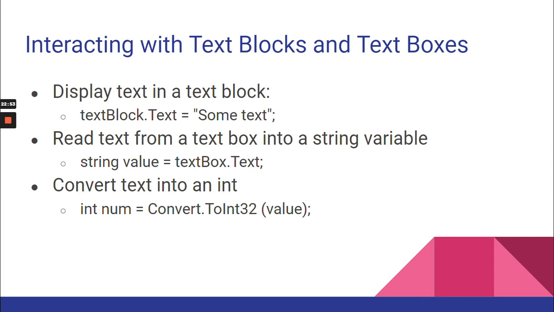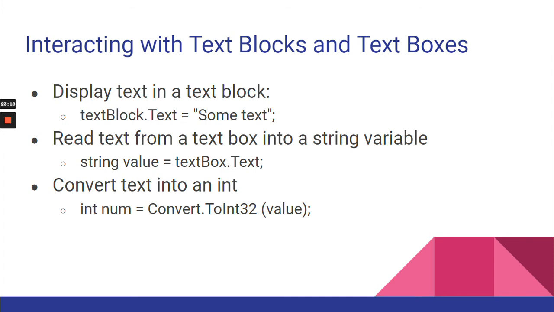Now, in our first assignment, the calculator assignment, which you'll be getting here shortly, here's some important things to know or understand. Here, when you want to display text in a text block, whatever the name of your text block is, in this case the variable is named text block, the dot text here is considered a property on the text block.